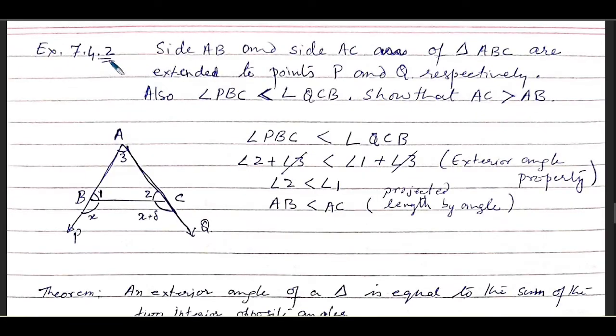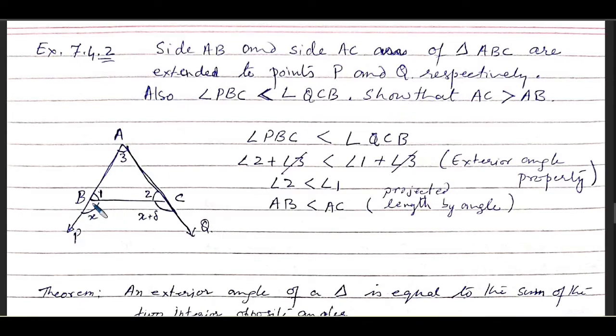Now exercise 7.4.2. What it says, side AB and side AC of a triangle ABC are extended to point P and point Q respectively.